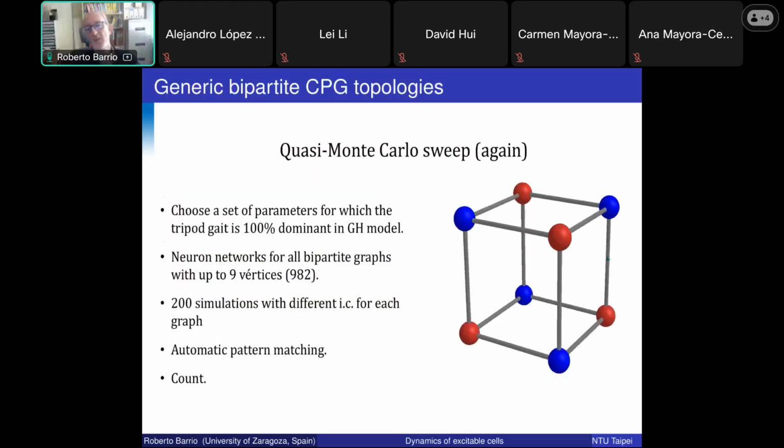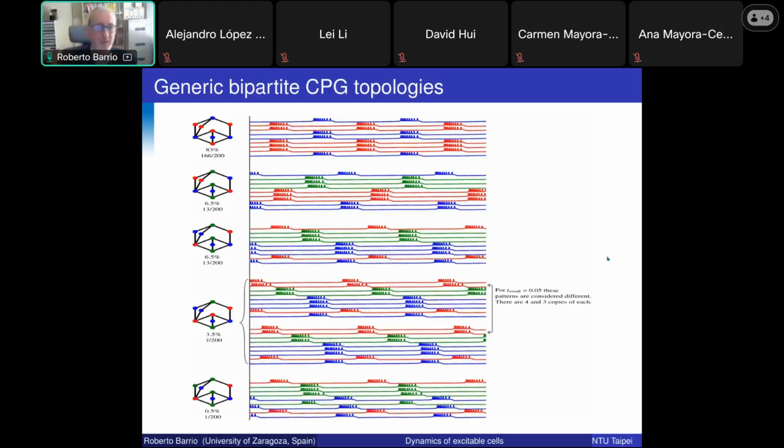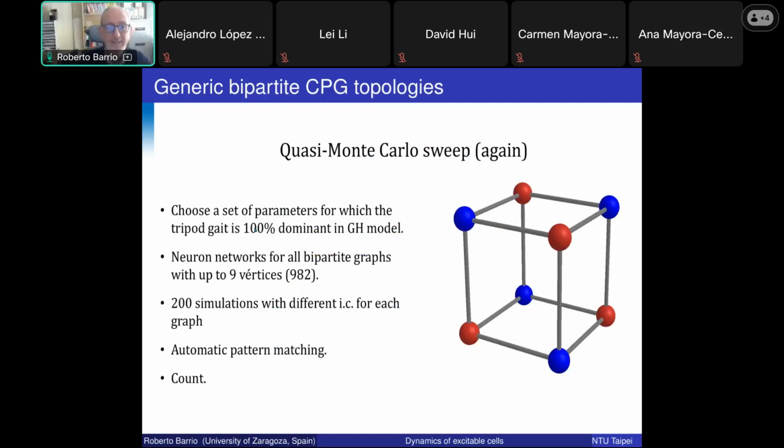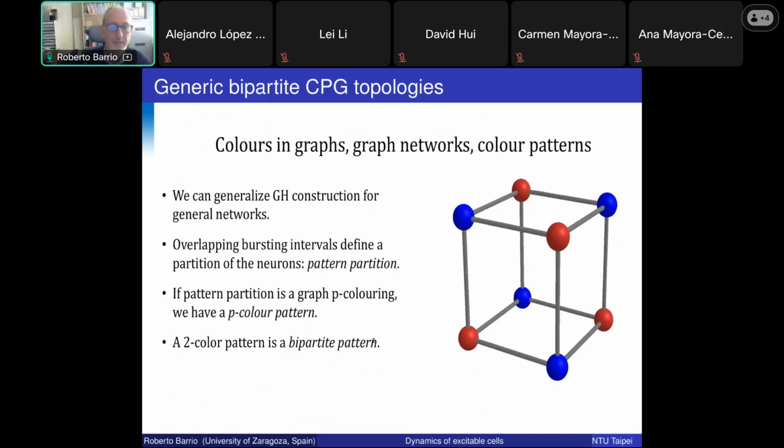Okay, so also we can study other topologies. In fact, we have played recently with what happens if we change the topology of the network, adding more nodes and so on, taking what we call a bipartite CPG. That means we put color in the network, making a bipartite pattern or tripartite, that is a p-color pattern.